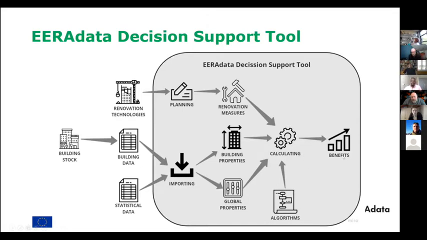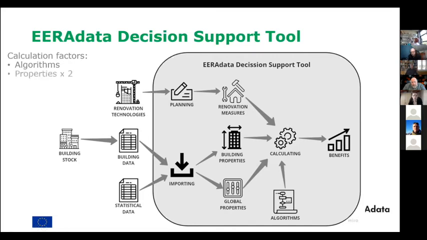We calculate to get information, for instance the benefits of building renovation or any kind of change. And this calculation is based on four factors. The first factor is the algorithms. This is the logic, what kind of calculation is going to be done in the application.